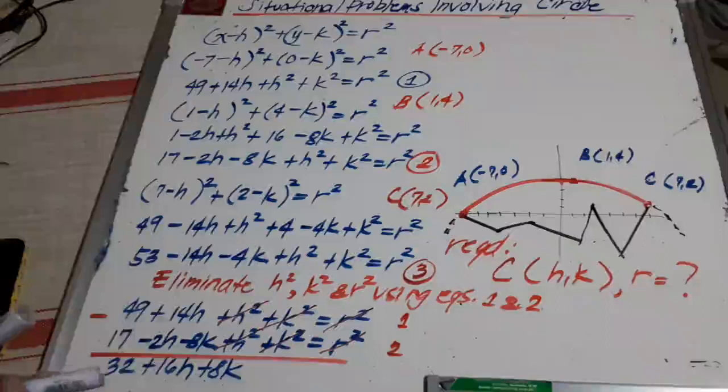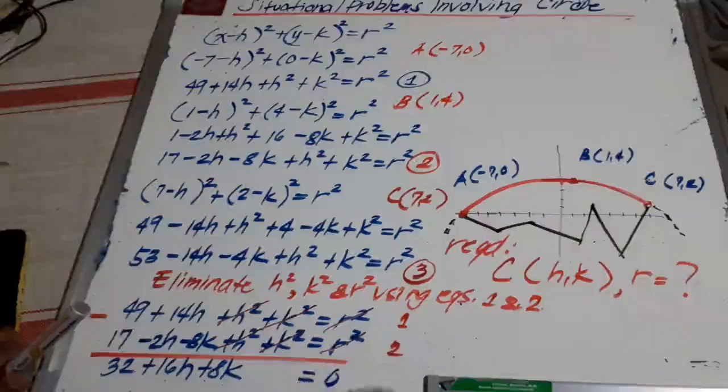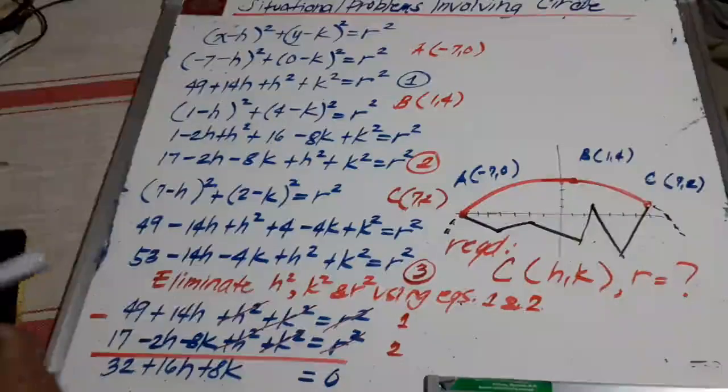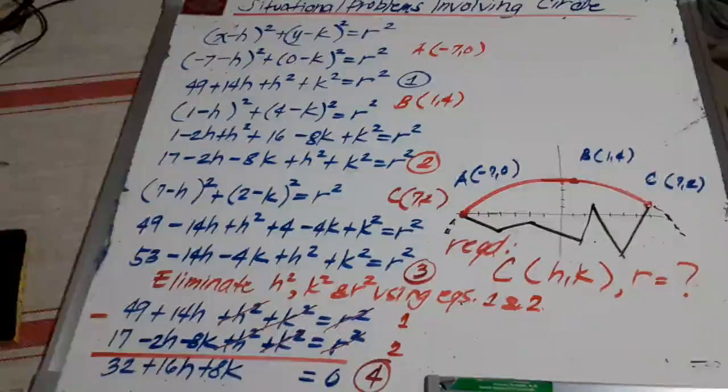This will become equal to 0. At tatawagin natin itong equation 4. We have 32 plus 16h plus 8k equals 0, equation 4.